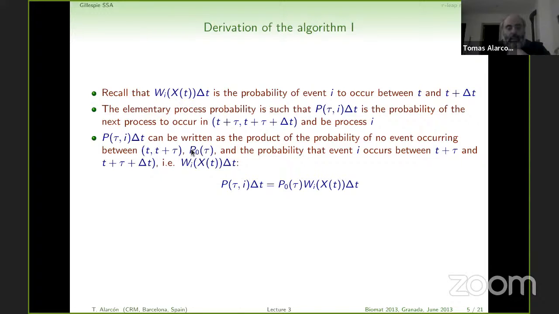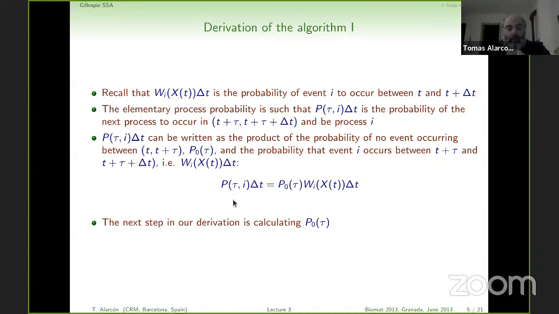So this implies that nothing has occurred between t and t plus tau, so the state of the system at time t plus tau is still x of t, because we are conditioning on nothing happening between t and t plus tau. And this is why we can write this in this way.